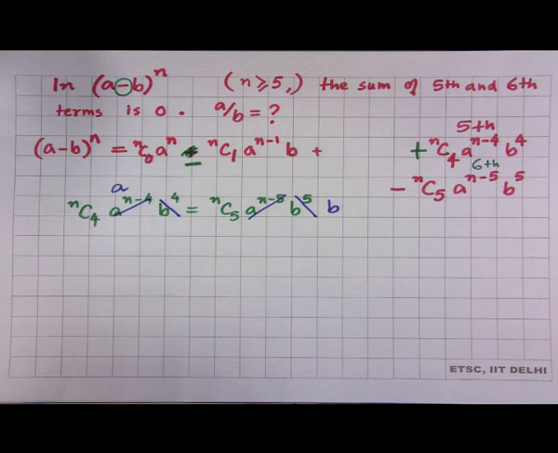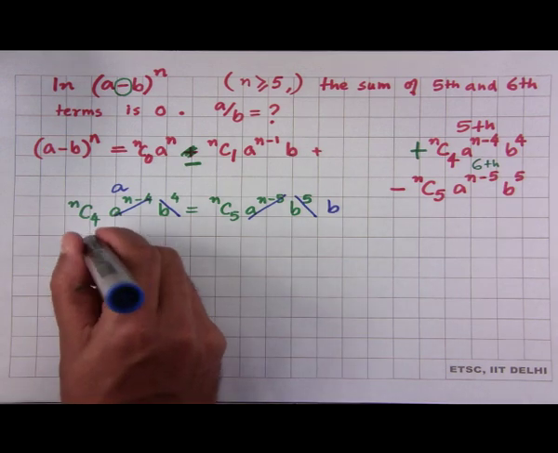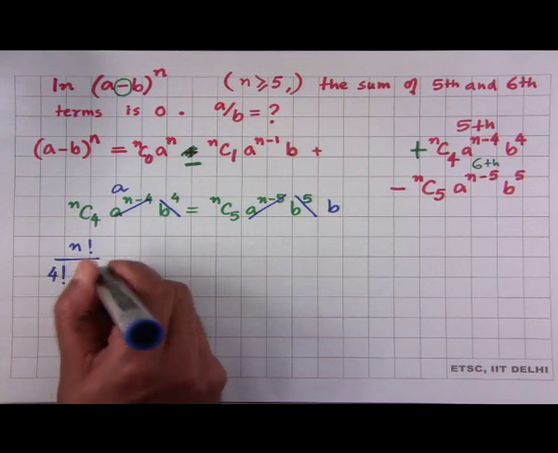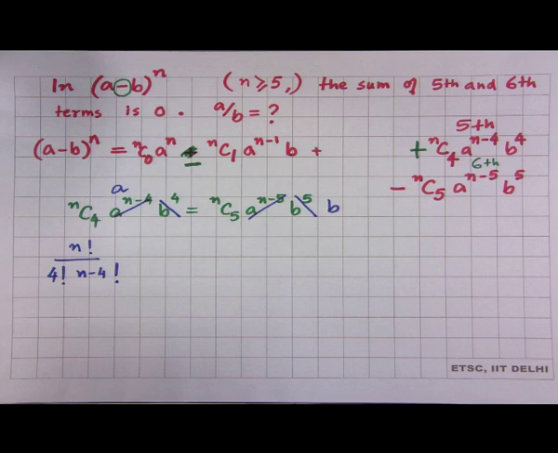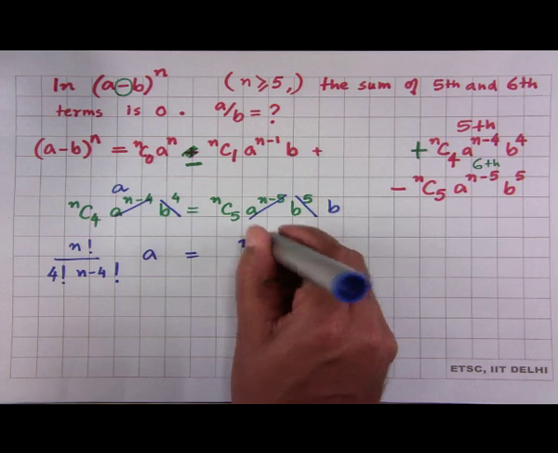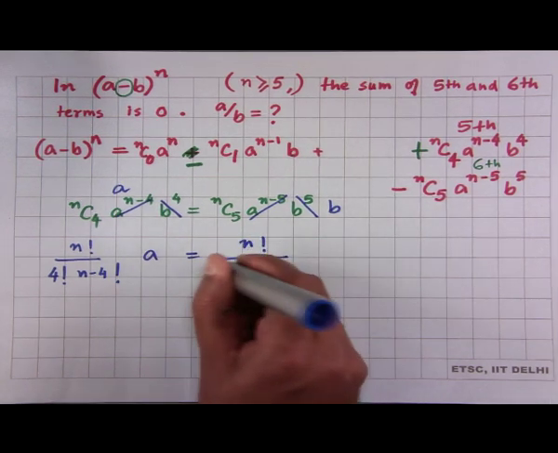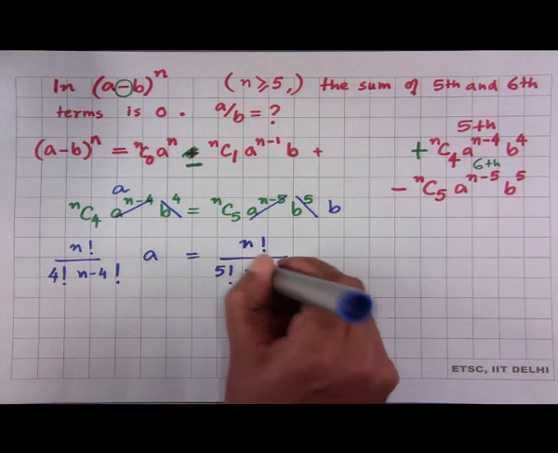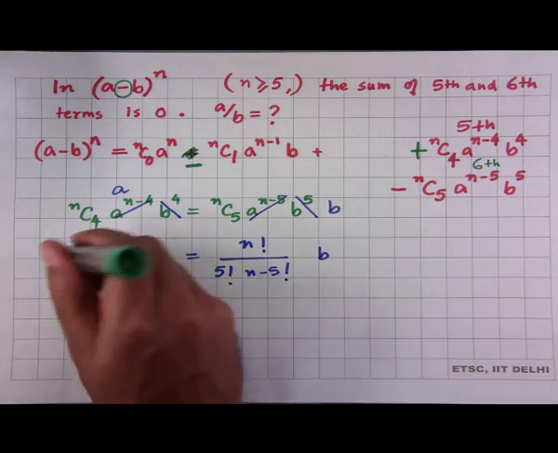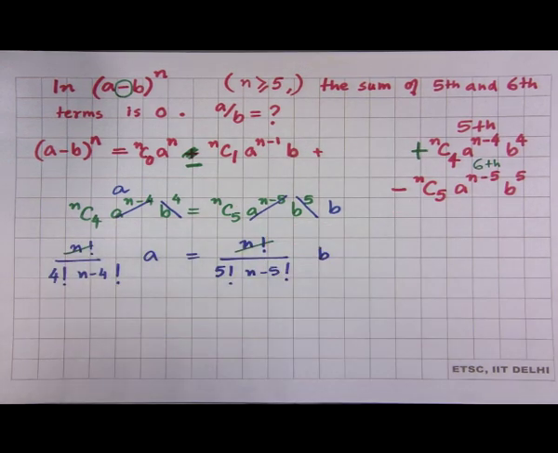And what is nC4? And what is nC5? And then once again simplify.